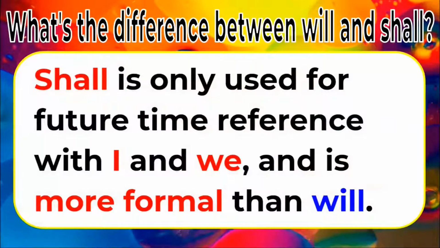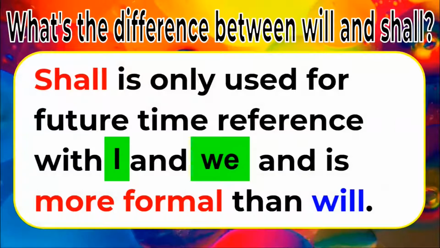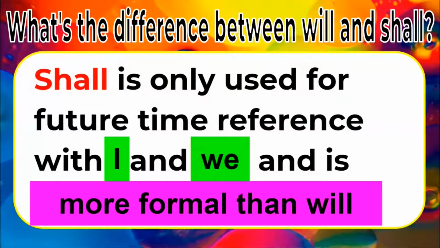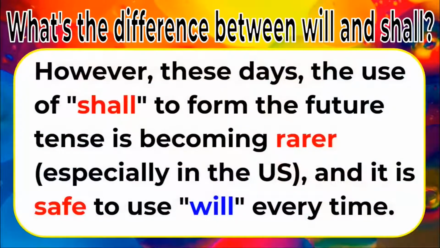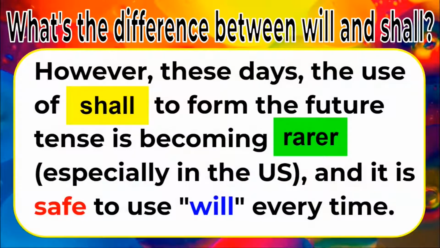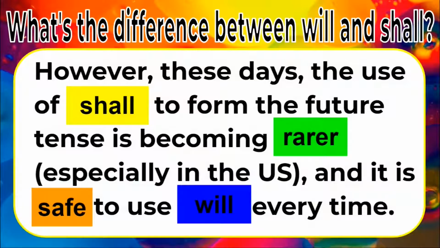Shall is only used for future time reference with I and we and is more formal than will. However, these days, the use of shall to form the future tense is becoming rarer, especially in the US, and it is safe to use will every time.